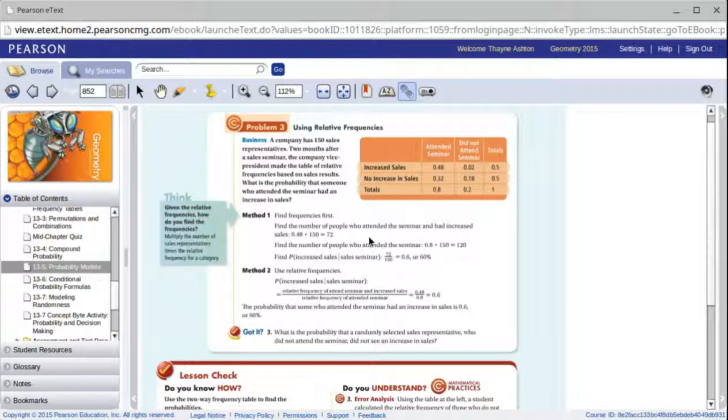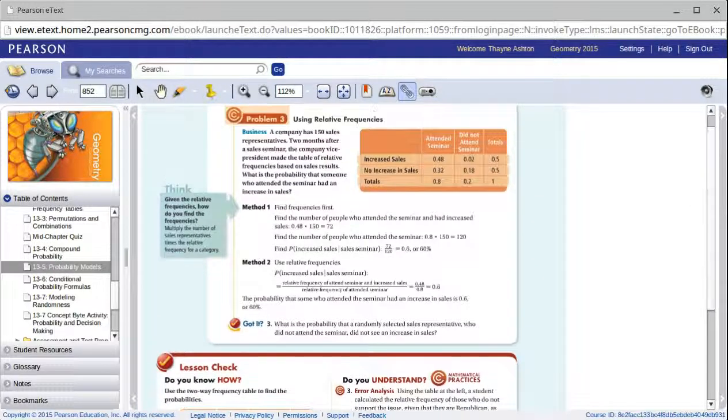Now there's another way to do this, and that is to simply put the relative frequency values in the same problem, which would be 0.48 over 0.8, and that also gives you 60%. The reason that works is because these are all expressed as a percentage of 1, and therefore the proportion between them is going to be the same no matter what the numbers are.